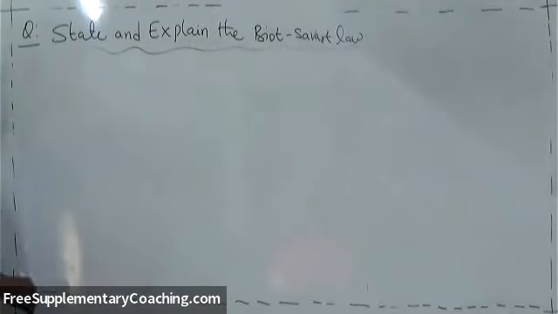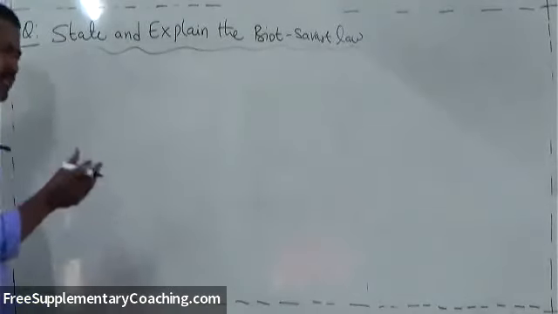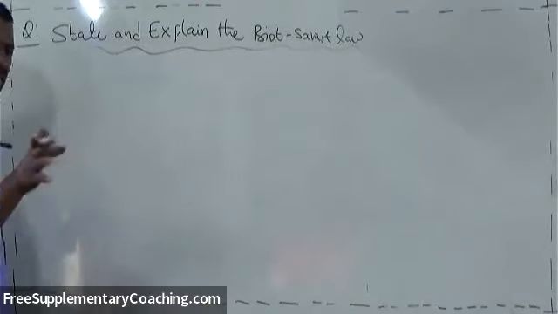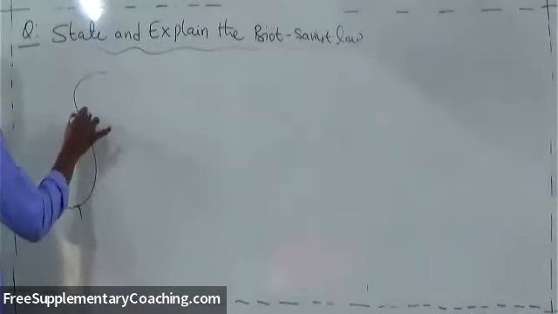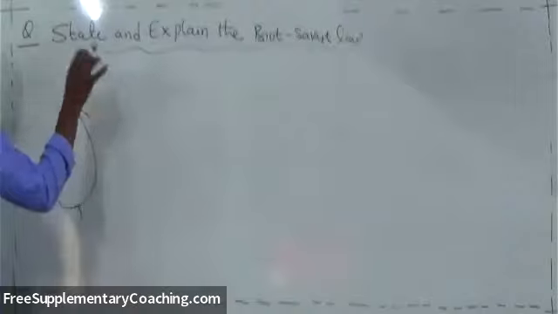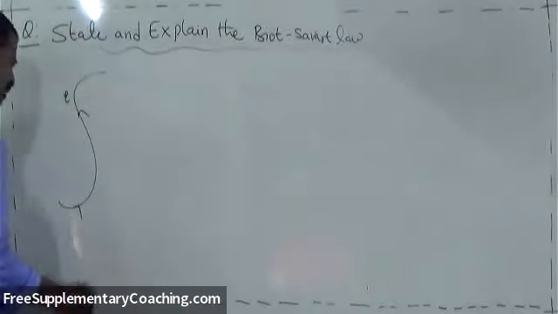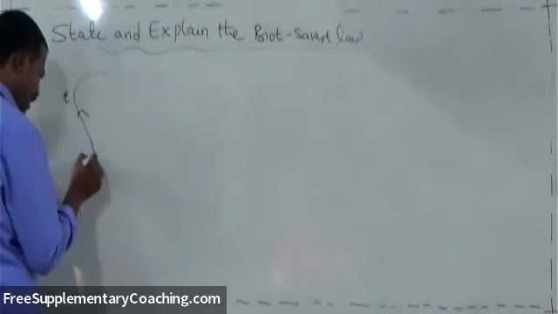According to this, we imagine any zigzag conductor carrying current. He has taken a zigzag conductor like this, in which current is going like this. Any shape conductor.